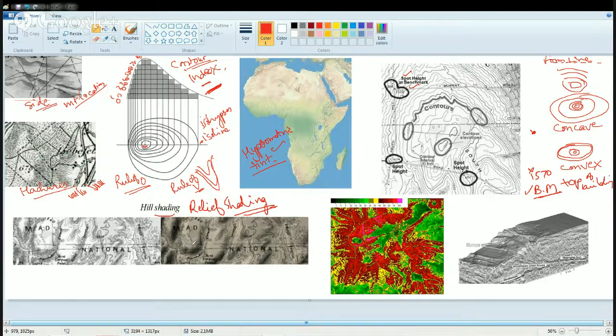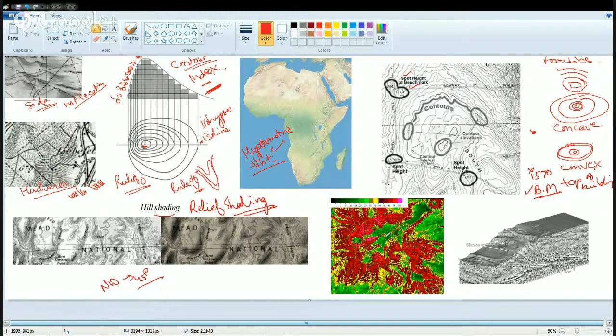And in hill shading, what is important is that the light source is always in the northwest at a 45 degree angle. So that is very important in hill shading. From where the light falls onto it, based on that you can draw or shade the hill. So that is a black and white version, and that is a brownish version of hill shading.